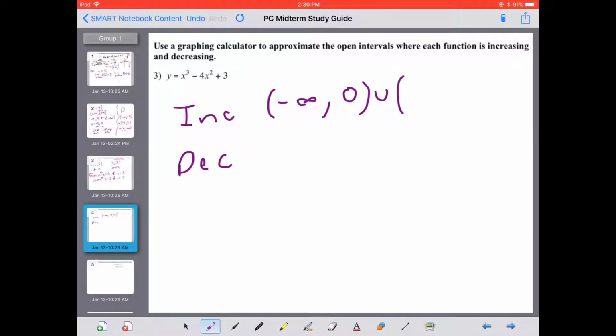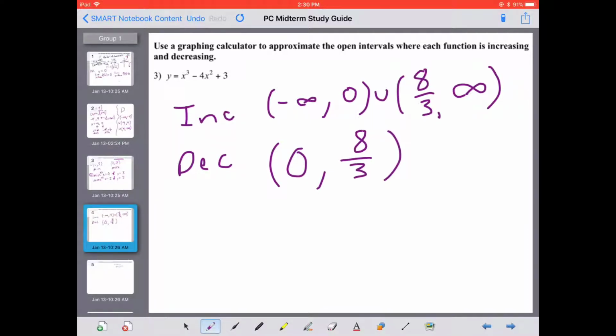Remember, we never include the actual extrema in our increasing, decreasing intervals, and we picked up at 2 2/3, which would be 8/3, and then we went to positive infinity for increasing. Decreasing is the space in between, which is from 0 to 8/3, and that would be our decreasing interval. So that would be our answer for number 3.